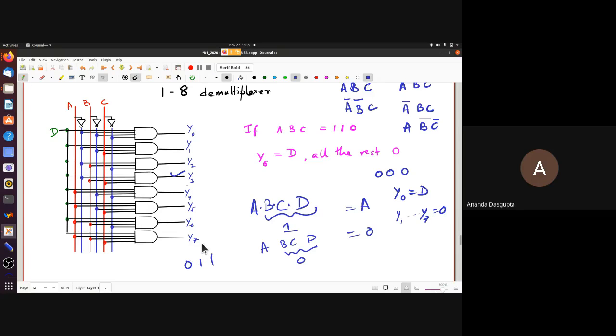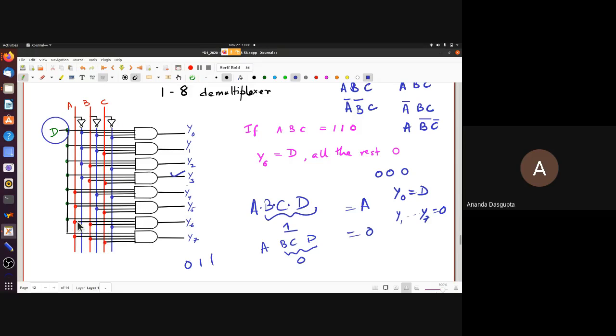So what the demultiplexer really does is that it allows you to guide this input D to any one of the 8 lines here. Which one will it go to? That will be dictated by ABC. So this is how control occurs within a computer. If ABC is set to, say, 110, that's 4 plus 2 plus 0, that's 6 in binary.